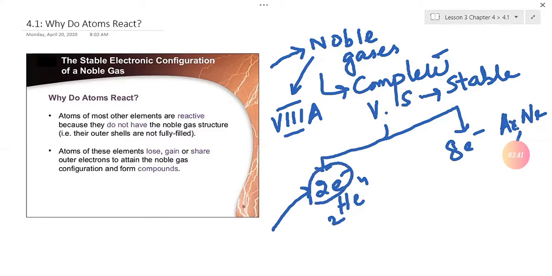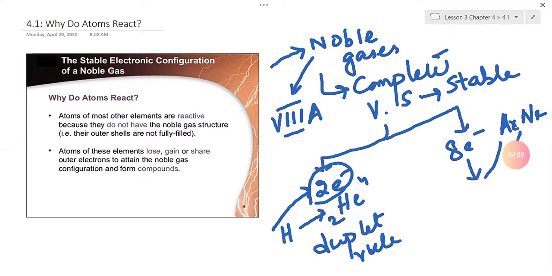I repeat, if an element is trying to attain 2 electrons, for example, hydrogen is struggling to attain the electronic configuration of helium, it is said to be following the duplet rule. Whereas if an element is trying to attain 8 electrons in the outermost shell, just like argon and neon, it is said to be following the octet rule.